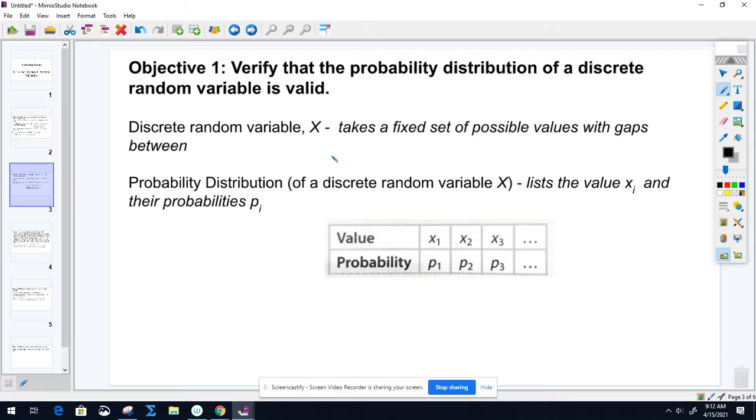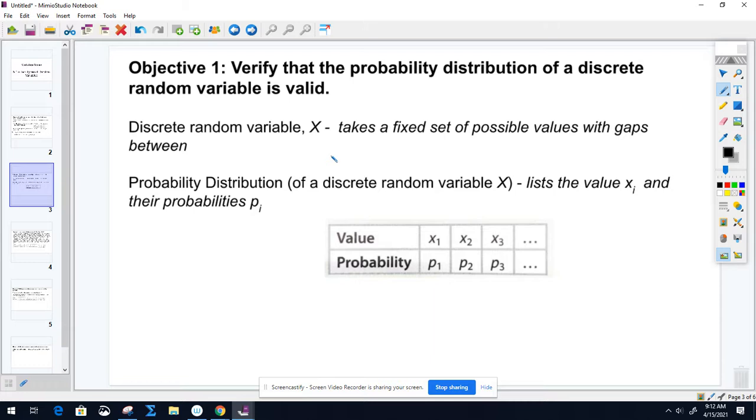So when we're talking about a discrete set of data, I like to call it whole numbers. There's gaps between. It's not a continuous set of numbers. So we could use numbers like 1, 2, 3, 4, whole numbers. I could also set it as 1, 1.5, 2, 2.5, 3, 3.5. The x values are fixed. There's nothing in between, no random numbers in between.